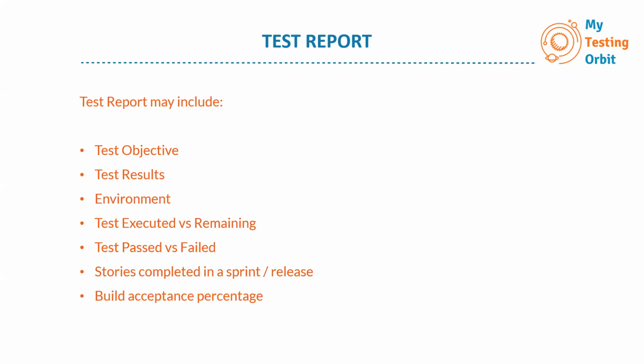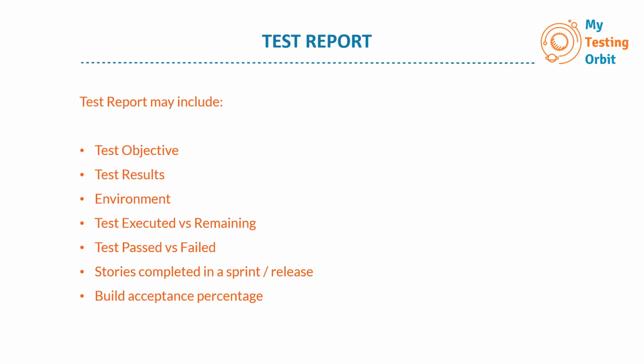Build acceptance percentage. We covered this in our last session: when a build is deployed to a test environment for testing, we carry out smoke testing just to check that the build is okay, that everything is deployed fine, and that we can go ahead with our detailed testing. So what was the build acceptance percentage?